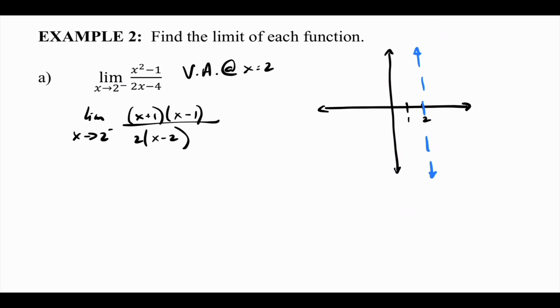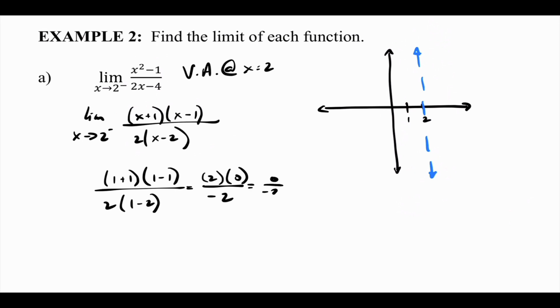The first thing I'm going to do is try to plug in 1. What's happening at 1? So let me plug in 1. If I plug in 1, I get 2 times 0 over negative 2, which is 0 over negative 2.